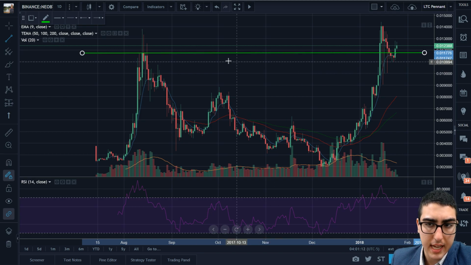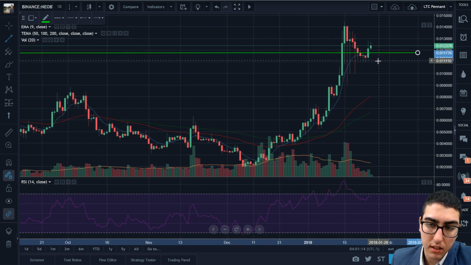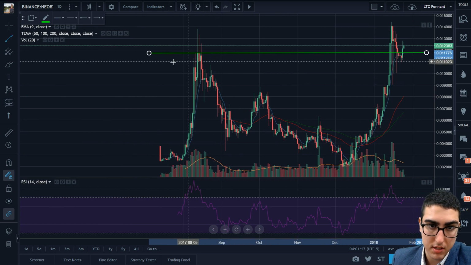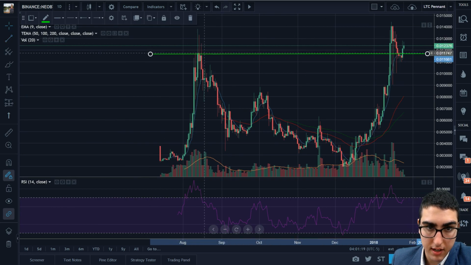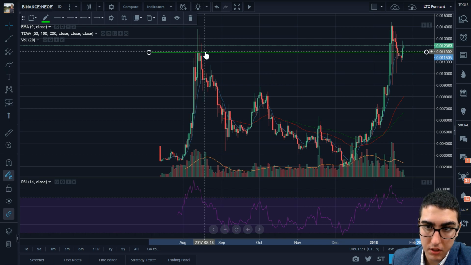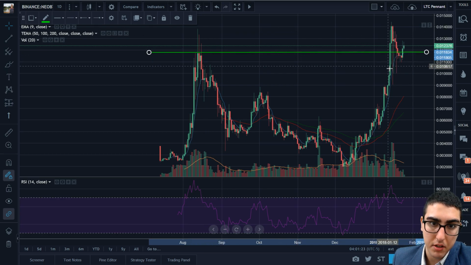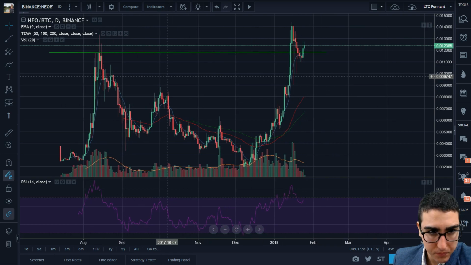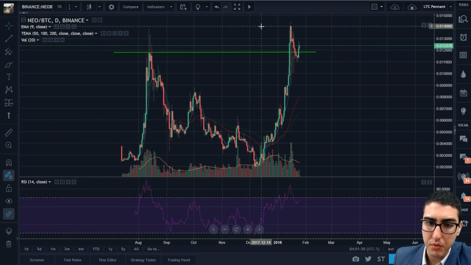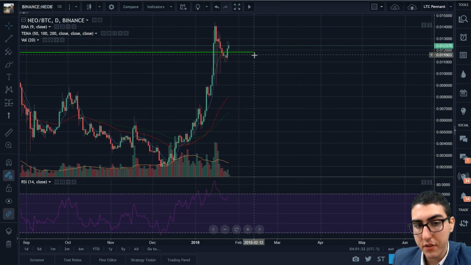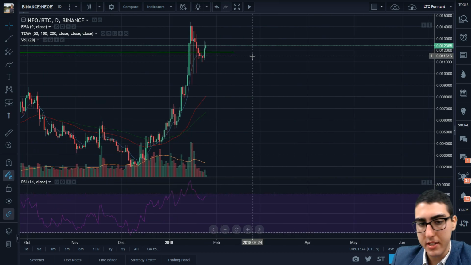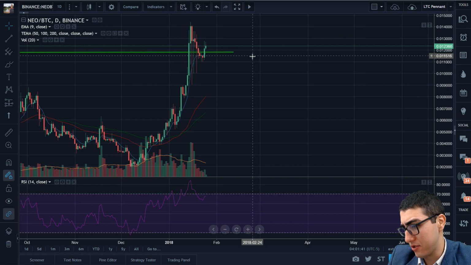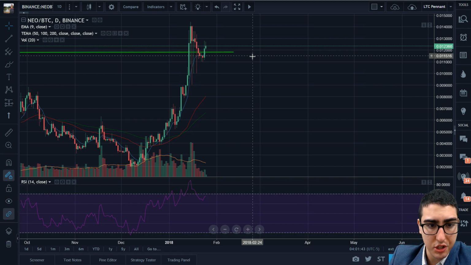You can see here we passed these previous resistance levels, which were right around 11,747, actually 0.01 in Satoshis. And now we're starting to see a little bit of support pretty much where those resistance levels were previously created. But in my opinion, for this to go any higher would be quite astonishing for Neo.